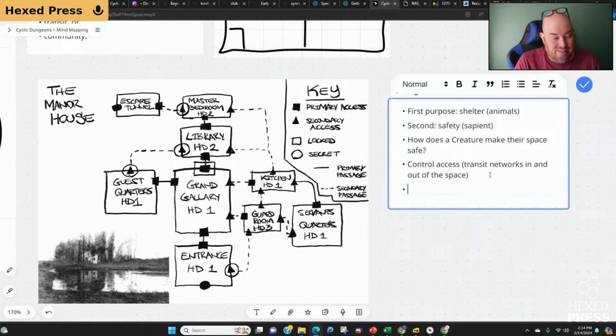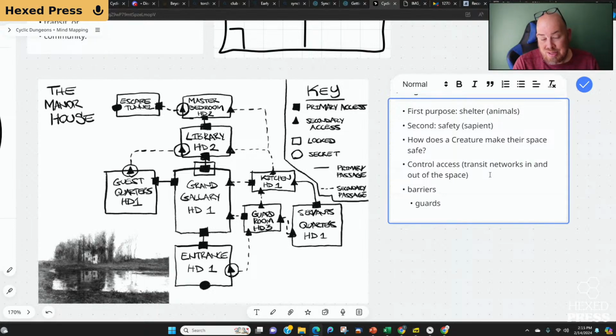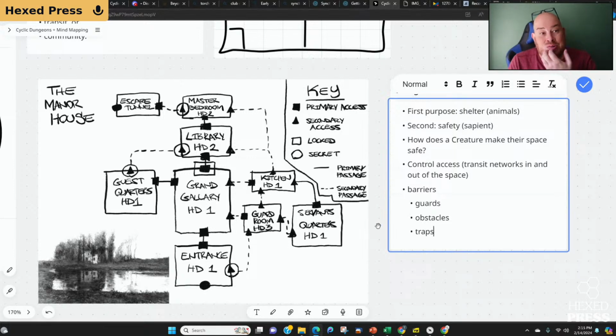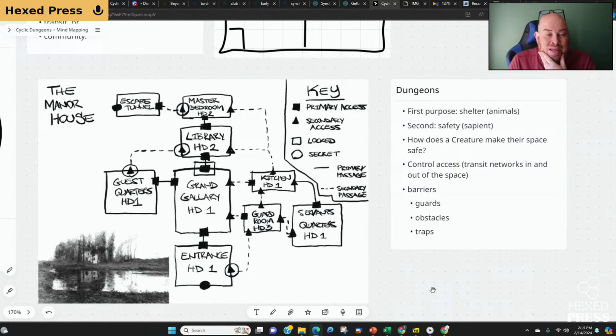Well, ultimately it's barriers, right? We set up barriers, and these barriers could be guards, and I'm just saying, very generically, guards, simply obstacles, and we have traps. Those would be the main sort of ways, I think anyway.